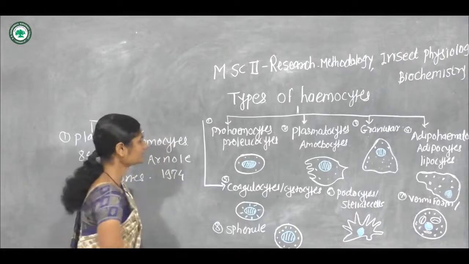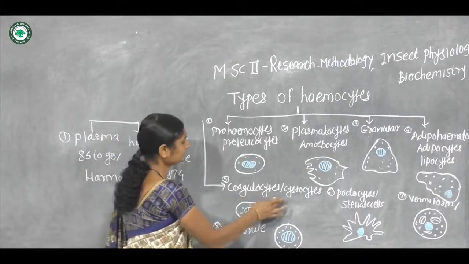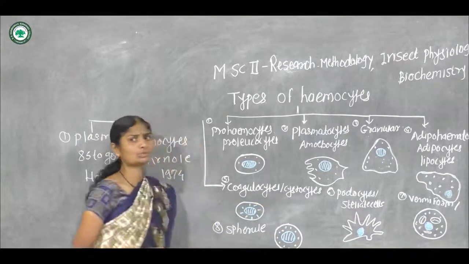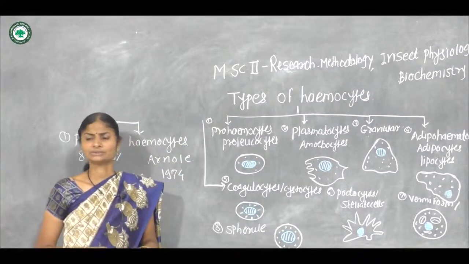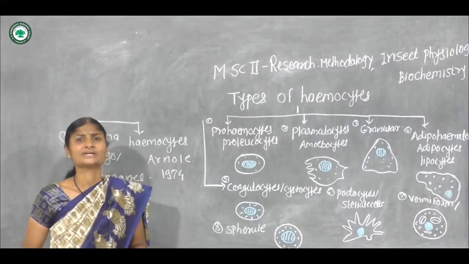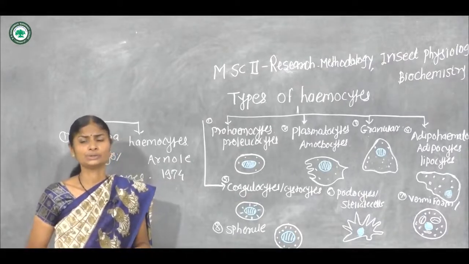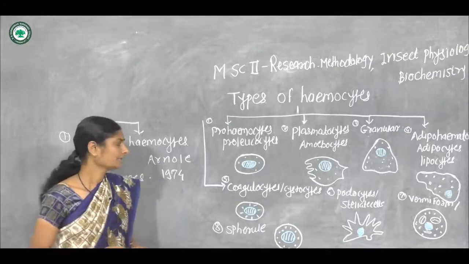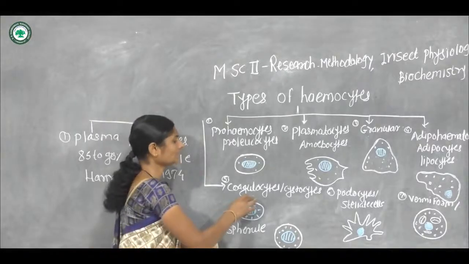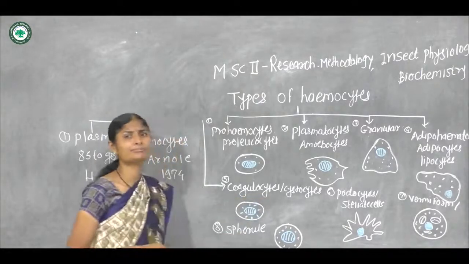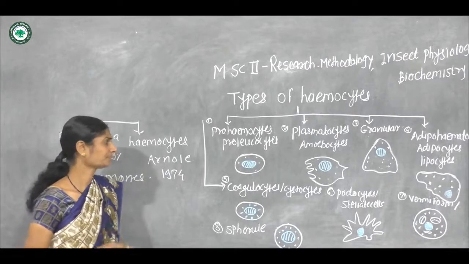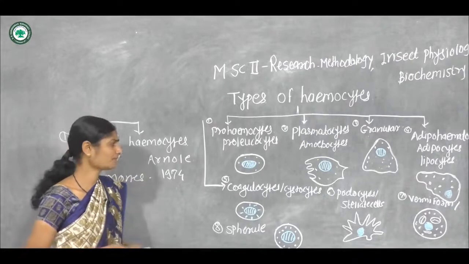Next type is coagulocyte. It is also called cystocytes. These coagulocyte cells are spherical cells with a large nucleus and are involved in coagulation, that is the blood clotting mechanism.